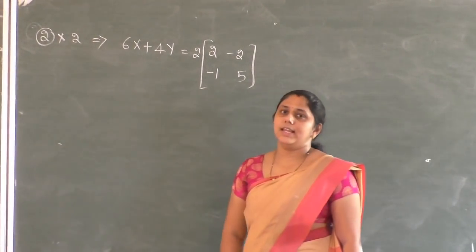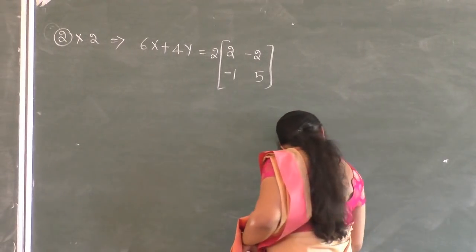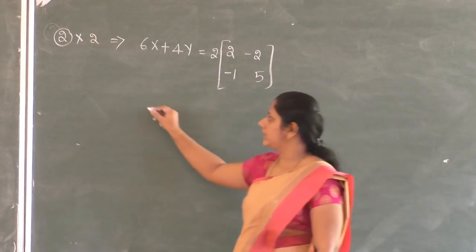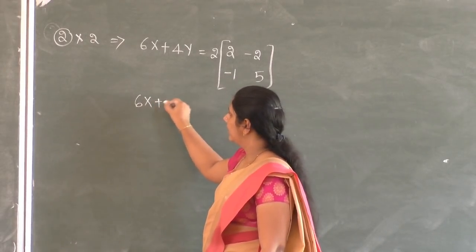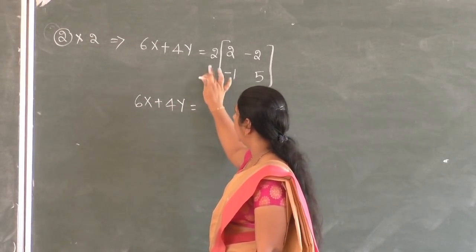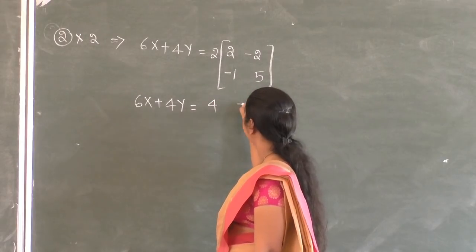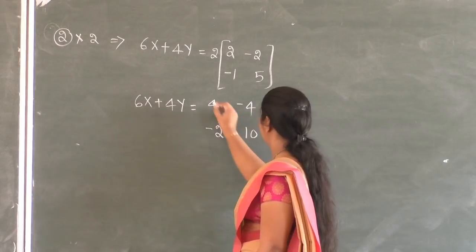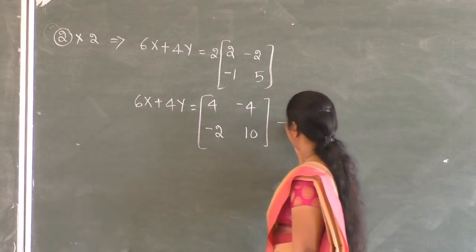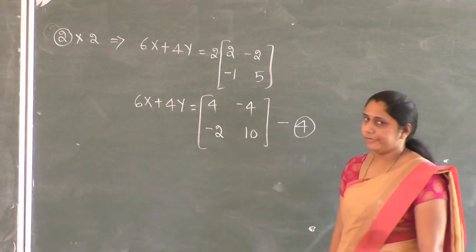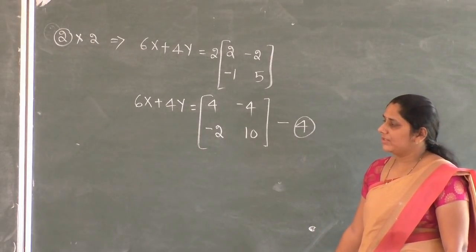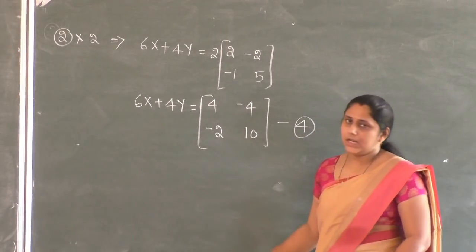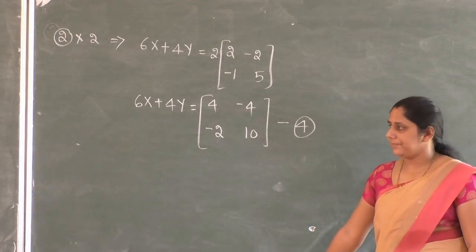Again here it is scalar multiplication of a matrix, so we have to multiply 2 to each and every element of the matrix. So we get 6x plus 4y equal to the matrix 4, minus 4, minus 2 and 10. Now take this as equation 4. Now see equation 3 and equation 4. Here the coefficient of x is the same.